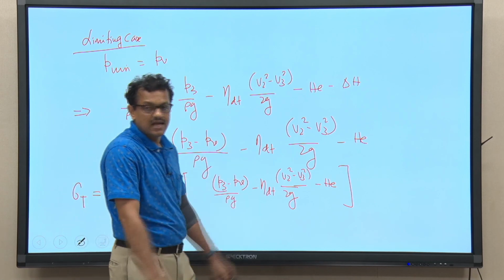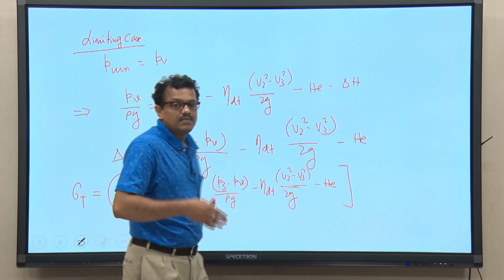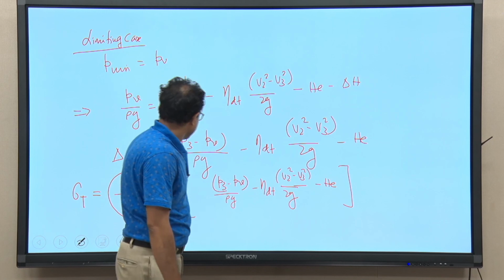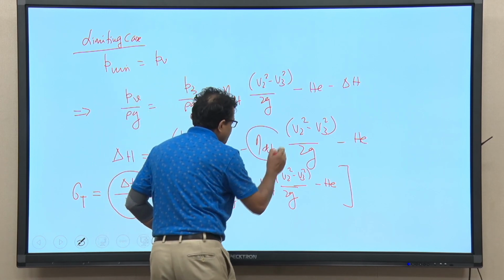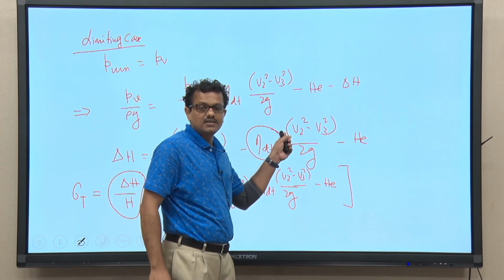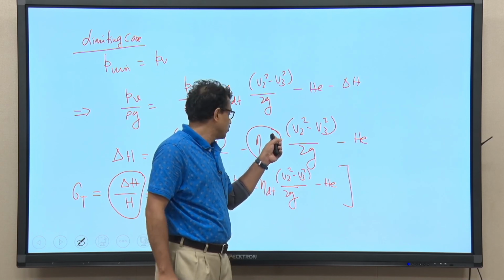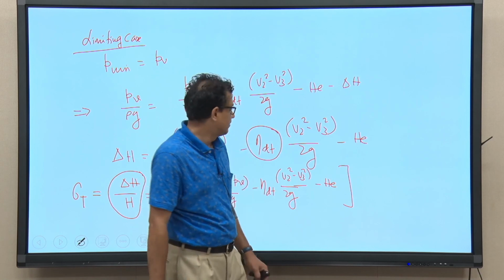If delta H is less, the turbine will be more prone to cavitation. So, basically what I am telling you is that the efficiency of the draft tube should not be very high. If it becomes very high, ideal energy recovery would be very high, but it will invite another problem of cavitation.